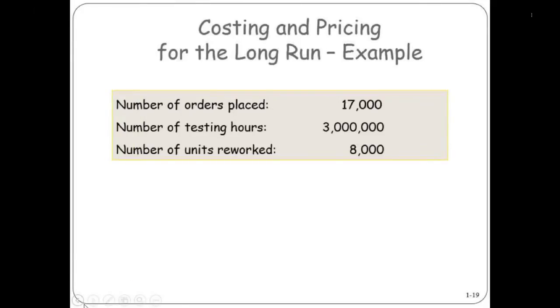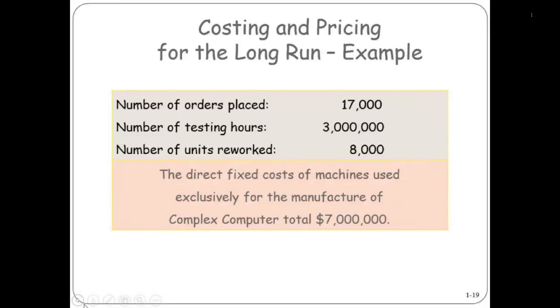Rework is only for units that require rework, and we'll see that. The number of units requiring rework were 8,000. The number of hours of testing were 3 million, and the number of orders were 17,000. $7 million of fixed costs were included.